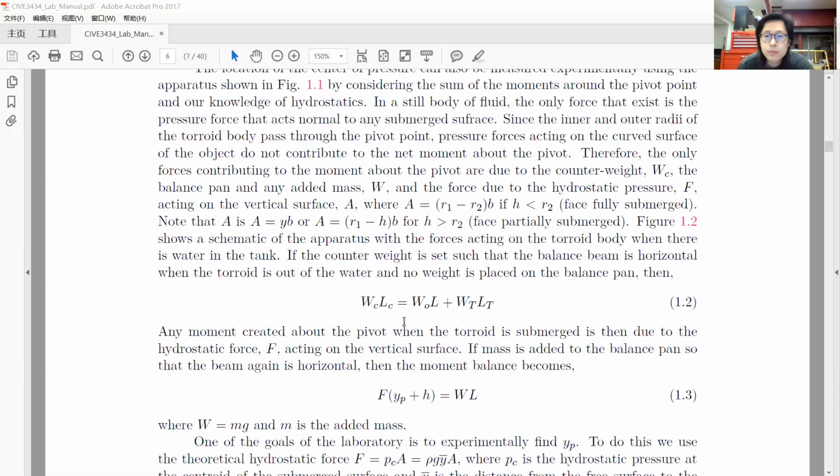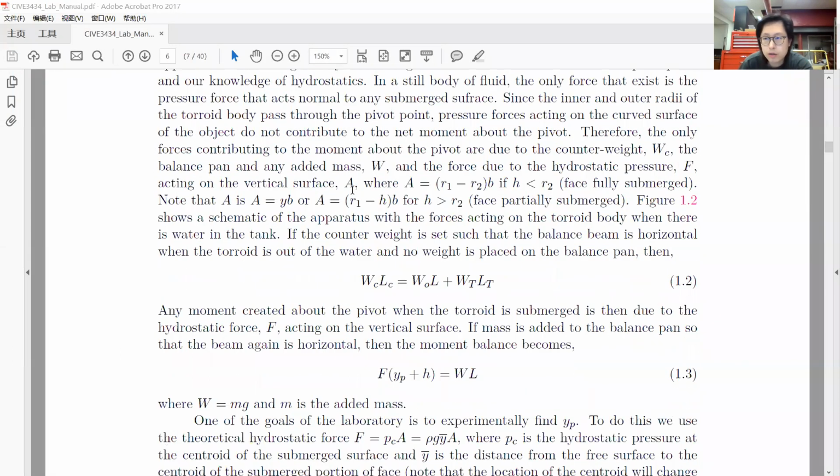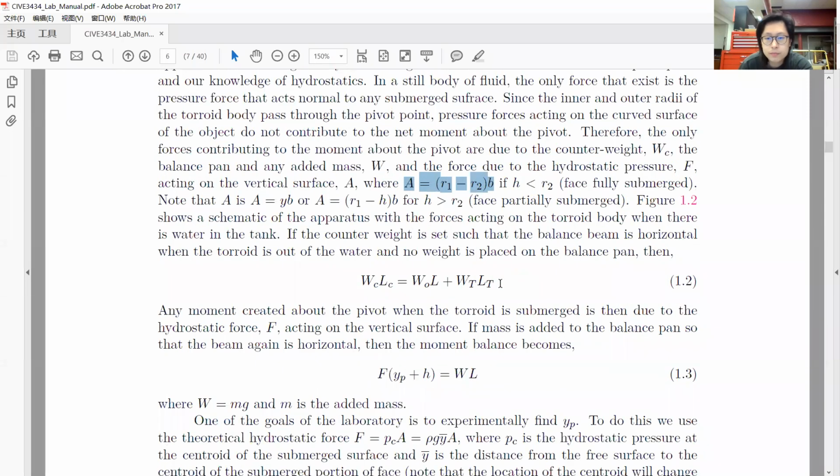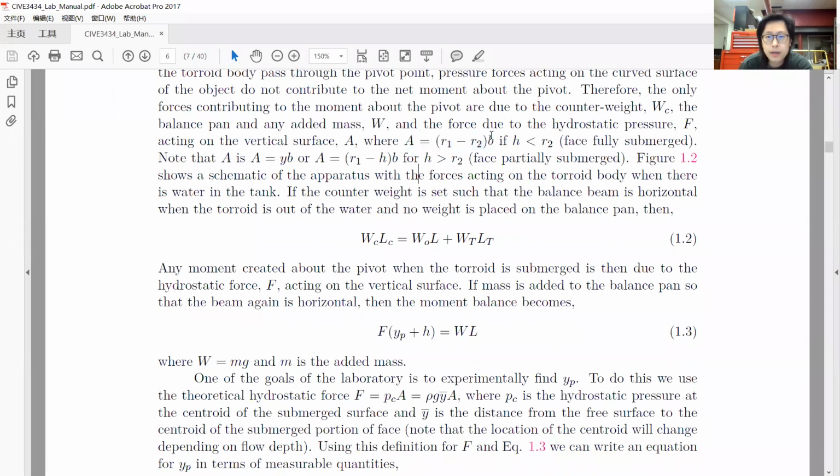So you don't really have to pay attention to this part. It's all the derivation of the equation. What you need to pay attention to is when you calculate the area in here. For the submerged part, we're talking about the vertical surface, and if it's fully submerged, we use the area of the vertical surface.